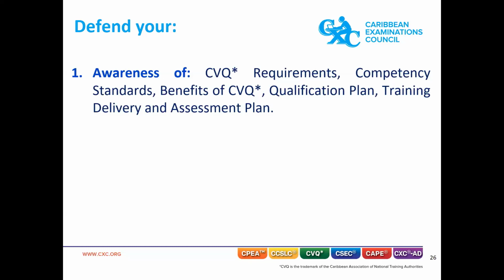Now, you must know about the competency standards. What is it that I'm doing? So if I'm doing food and drink, what are the units? What have I been doing in those units? So apart from just knowing the topics, what's the unit? Because the unit is huge, it starts with an action verb.